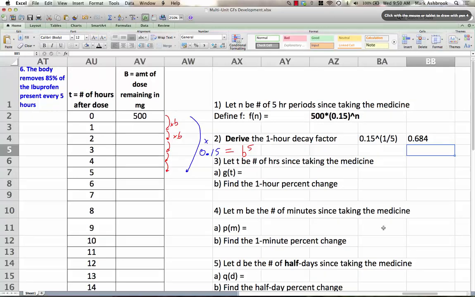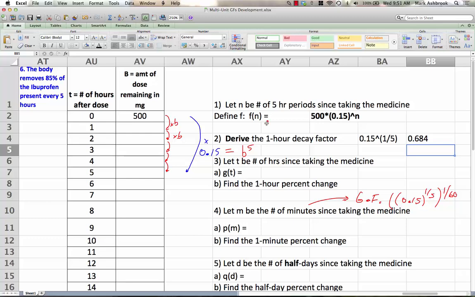It's 0.15 to the 1/5 to the what? 1/60th. It's the number we'd have to multiply together 60 times to get our 1 hour growth factor. So it's 0.15 to the 1/5 to the 1/60th.